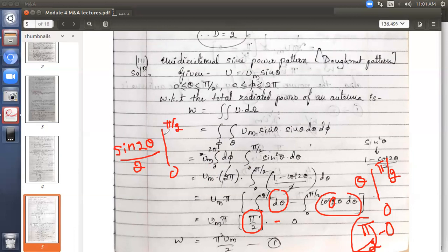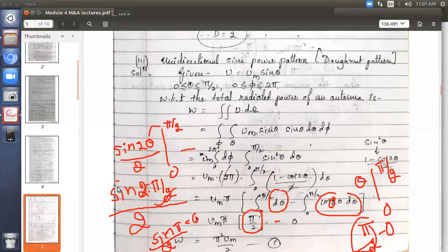So apply the upper limit first. It will become sine of 2 into theta, where theta is pi by 2. So 2 cancels and the whole is divided by 2. So this will be sine of pi, whole divided by 2. So what is sine pi? It is 0. Then apply the lower limit also, minus sine of 2 into theta, where theta is 0, 2 into 0, divided by 2.